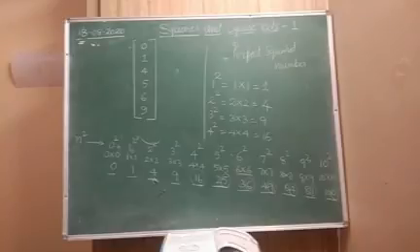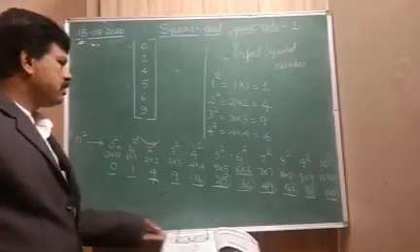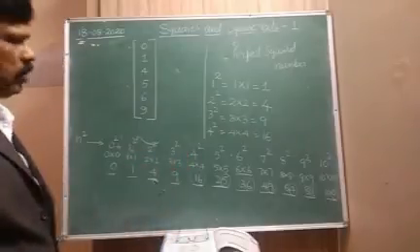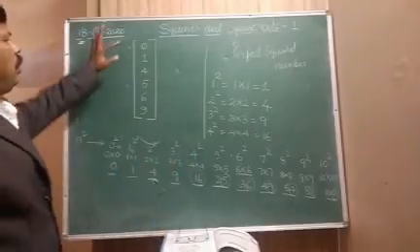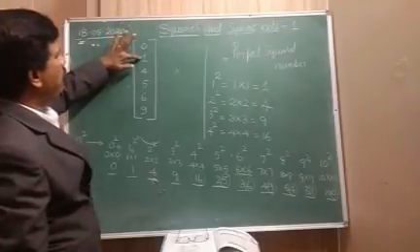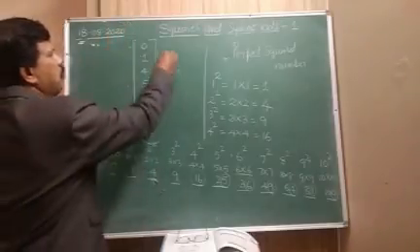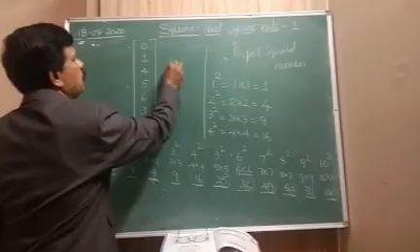Then, on observing these, which are the digits that do not occur in the unit place of a perfect square number? See, 0, 1, after 1, what is the number? 2.